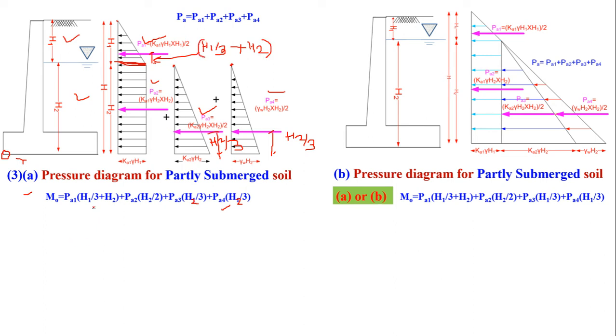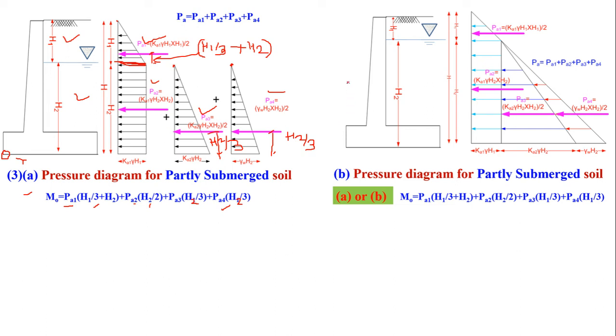H1 by 3 plus H2 into PA1 is the moment of PA1. What remains is the moment of the rectangular portion. The resultant for a rectangle acts at the half, so the total height of the rectangle is H2, and half of that, H2 by 2, into PA2 is the moment.